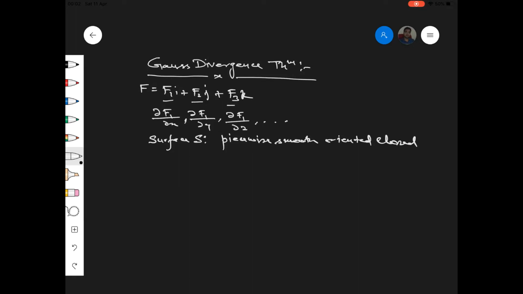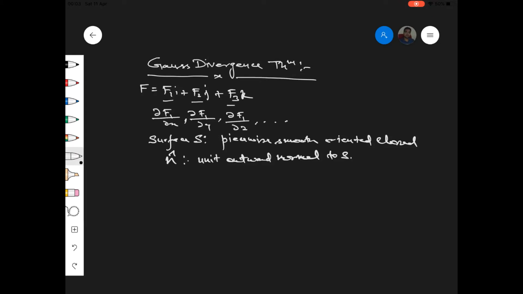It means the surface S which we have taken here is piecewise smooth, it has an orientation, and it is a closed surface. And further, let n cap be the unit outward normal to the surface S.